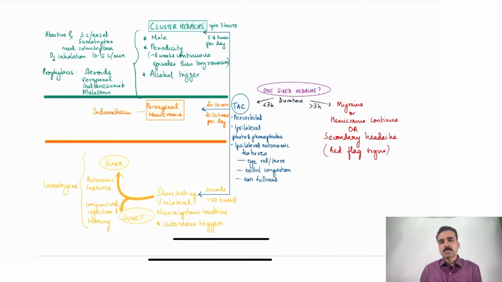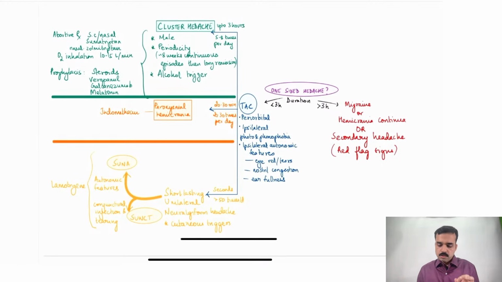That is paroxysmal hemicrania. Give them indomethacin, it settles. SUNA and SUNCT have very frequent, very short lasting attacks, lasting only seconds to a few minutes, but multiple times in a day. Lamotrigine works very well. Okay, so these are certain important aspects regarding headache.